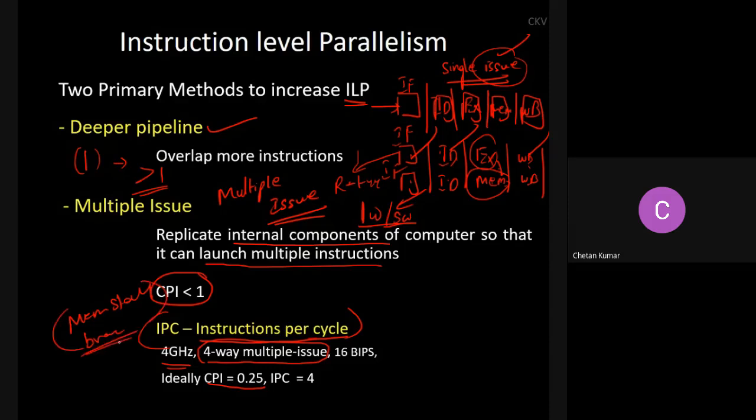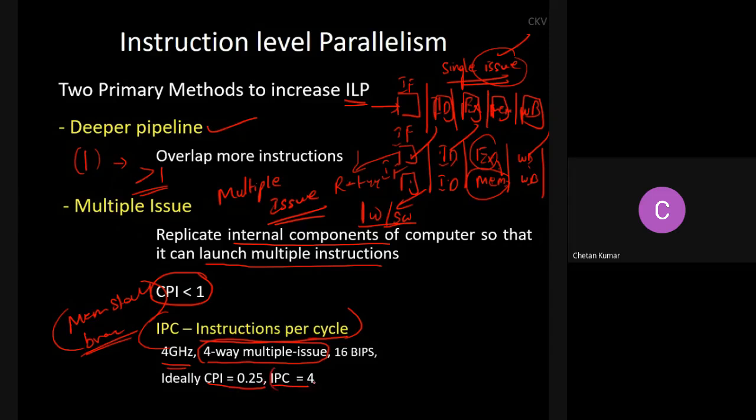Ideal CPI is one for single cycle and simple pipeline. But in the case of multiple issue, if you are able to issue 4 instructions at a time, then 4 instructions can be executed in a single clock cycle, and the CPI will turn out to be 0.25.